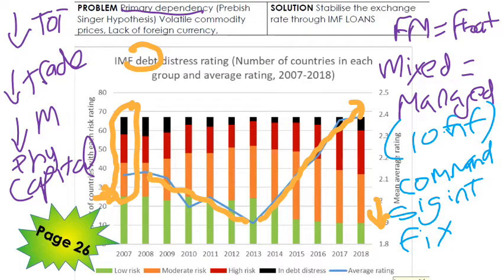Interestingly, what will be going on in the world at this moment in time is significant increases in government debt. So in terms of countries' abilities to intervene in their exchange rates, going forwards, that's probably going to be quite a difficult thing for those countries to do.